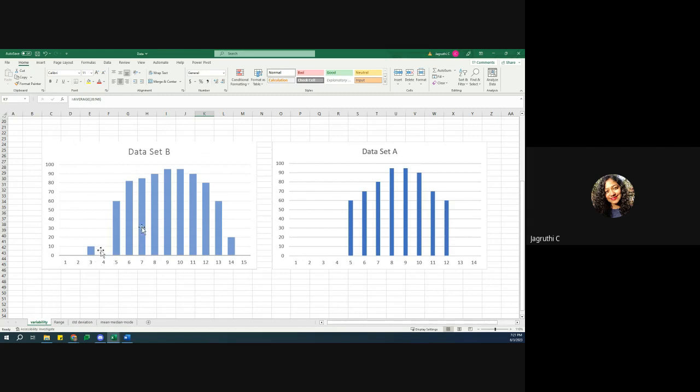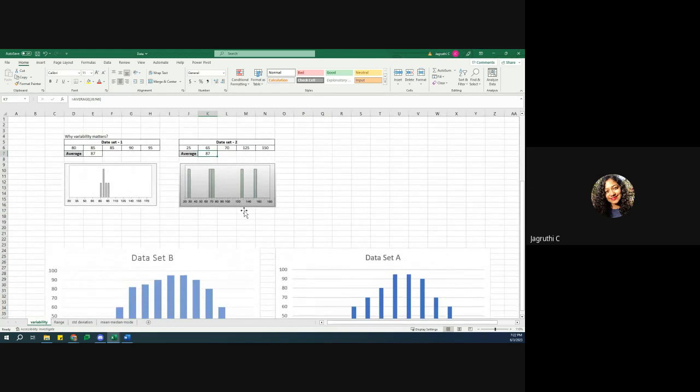At the fourth point there is no data at all, and the starting and ending points, 3 and 14, are not the same. Data set A looks like a good bell curve, so I know that whatever is in A is consistent, and this would prove very useful to me. So I would go ahead with data set A here.